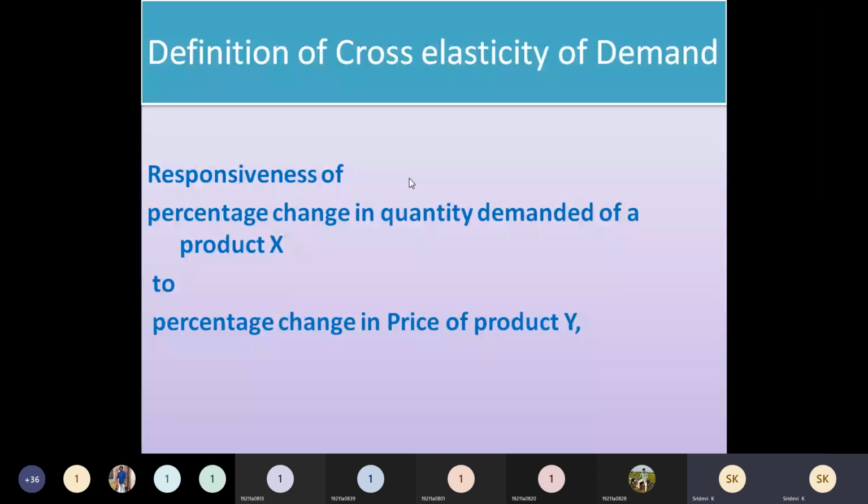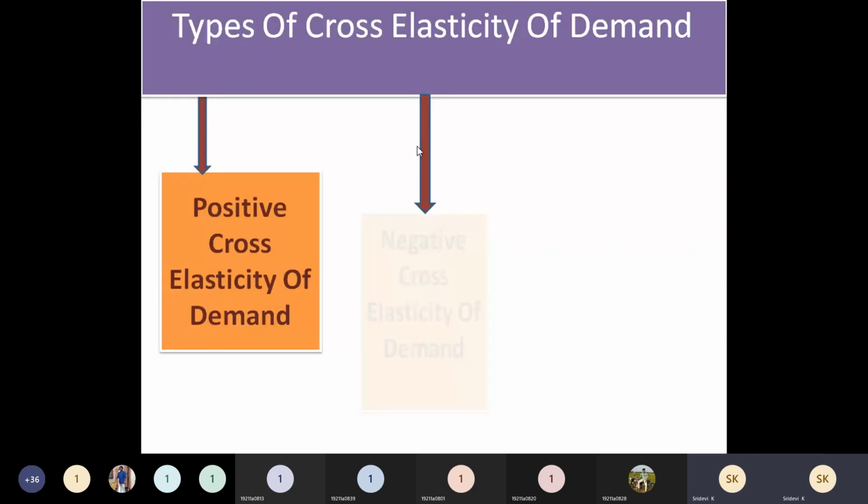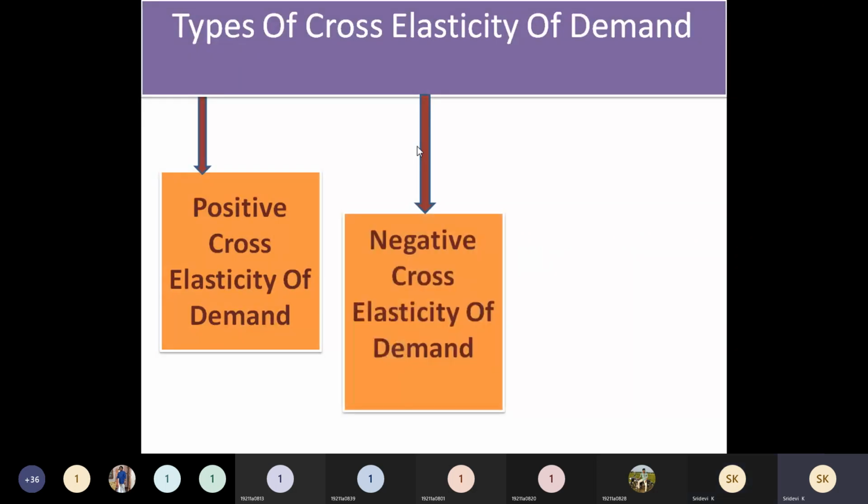Here we will call it positive cross elasticity of demand. The names are changing, you have to keep this in mind. Positive cross elasticity of demand, negative cross elasticity of demand, and zero or infinity cross elasticity of demand. These are the three different cross elasticities that we will come across.